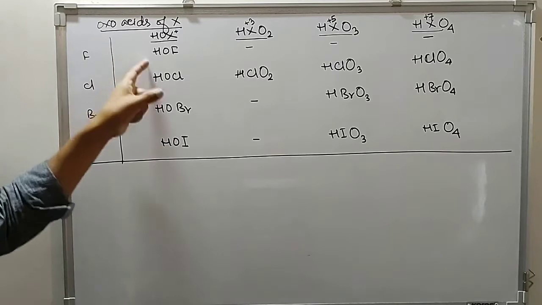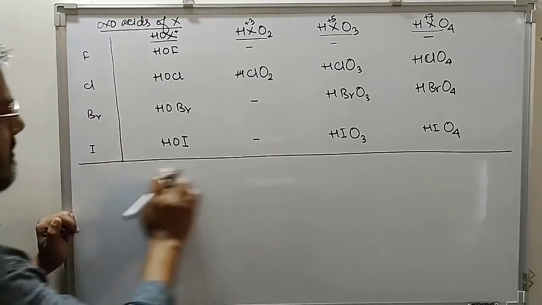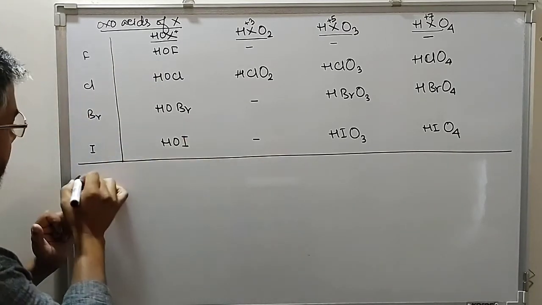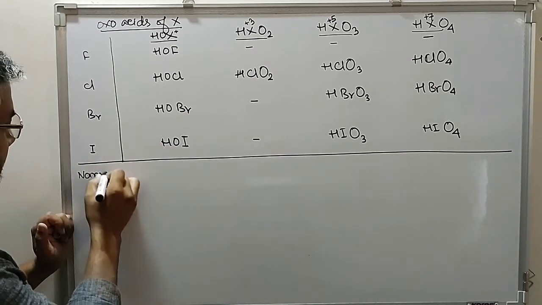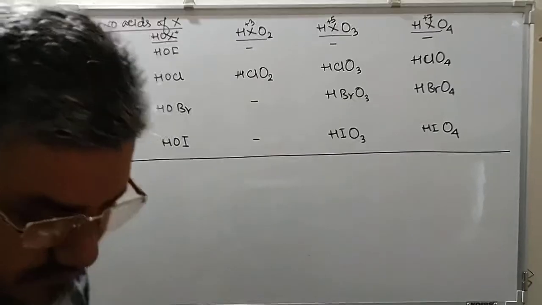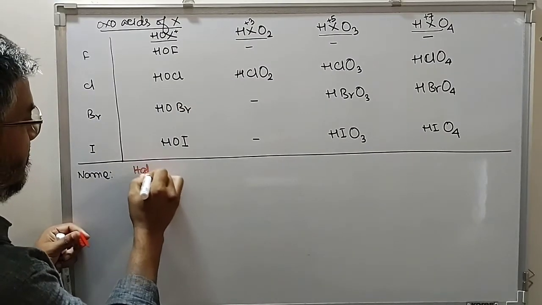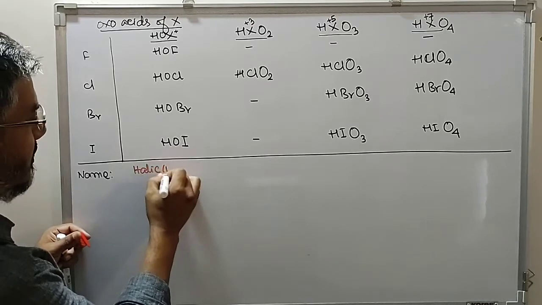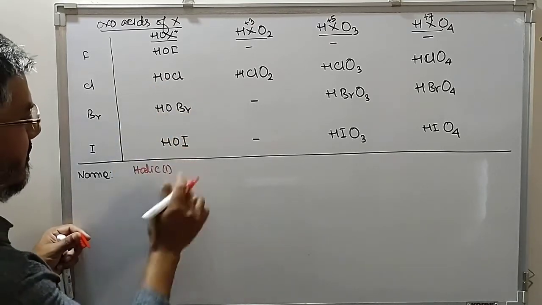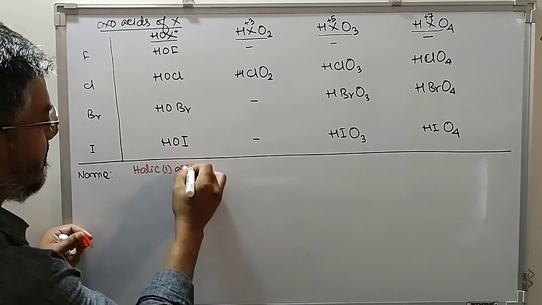Now if you look at the names of these acids, the standard name is halic acid with the oxidation state: halide-1 acid, halide-3 acid, halide-5 acid, halide-7 acid.